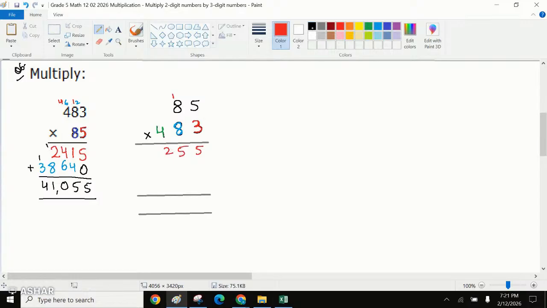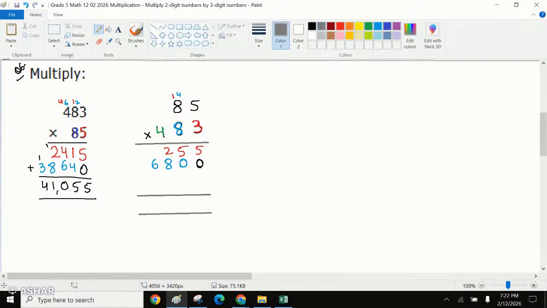Agreed? I told you that whenever we are multiplying with the tens, we put a 0. 8 multiplied by 5 is 40. We carry the 4. 8 multiplied by 8 is 64. 64 plus 4 is 68. This is a little difficult, but this would still be possible, right?